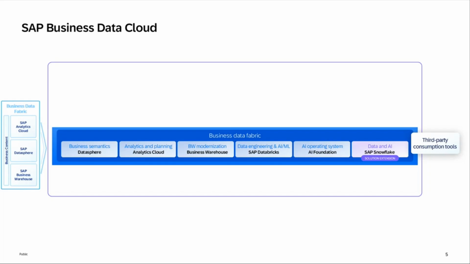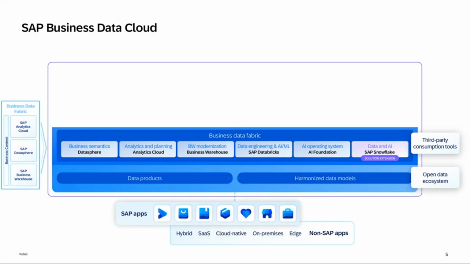But beyond that, we have a super important notion, which we are introducing with Business Data Cloud, the notion of data products. Data products is a layer where you unify all your data independently from the way they are saved in the underlying systems. The goal here is that you have harmonized data models. And why do we need a harmonized data model?